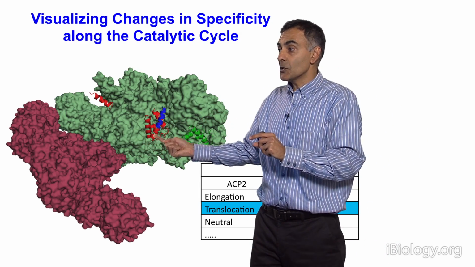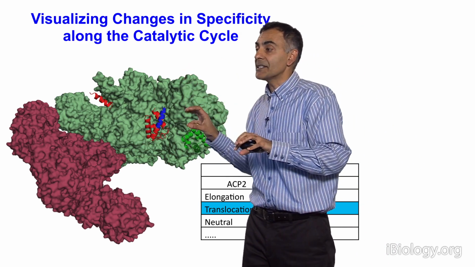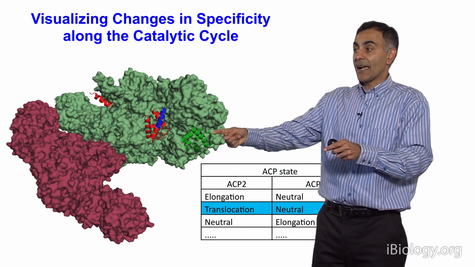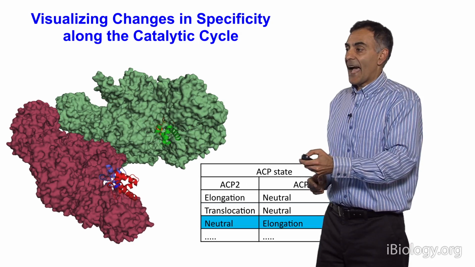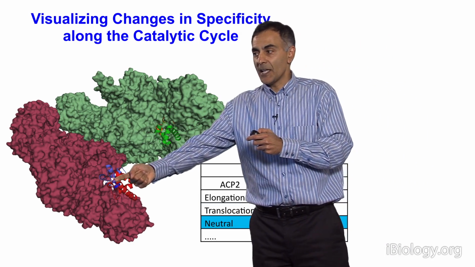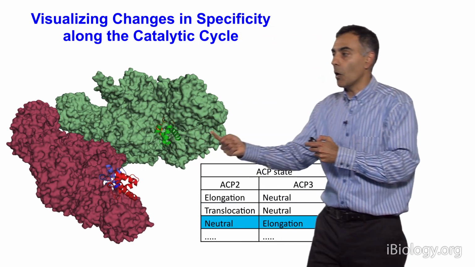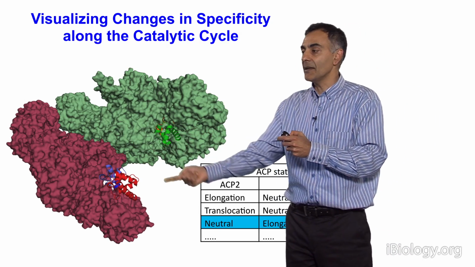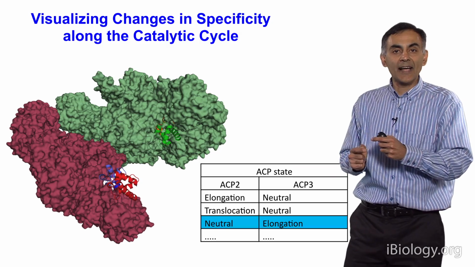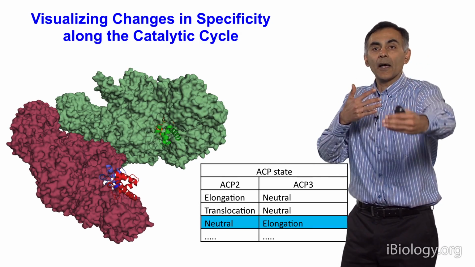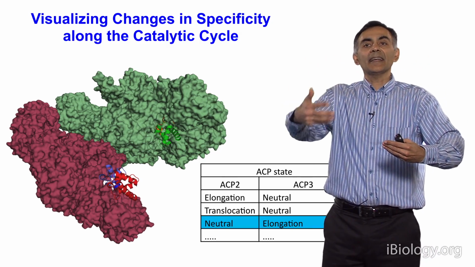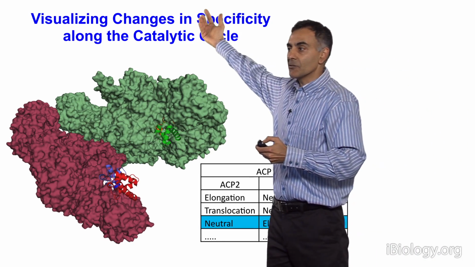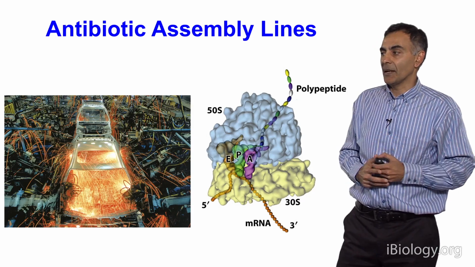It docks into this module, but in a different orientation, so now it can translocate the chain to the next module. When that happens, that carrier protein goes back into the neutral mode, and this carrier protein, which is charged with the extender unit, comes in to do the elongation reaction. And so this 3-stroke process goes through again and again to give you the final product, to allow chains to move forward through the assembly line.